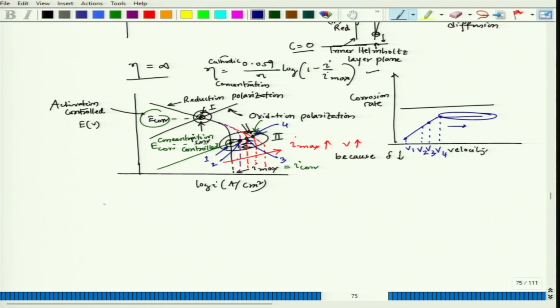Example, let us say case 1. This is case 1, and it can be shown by iron in dilute HCl, and there we have an interaction like this.